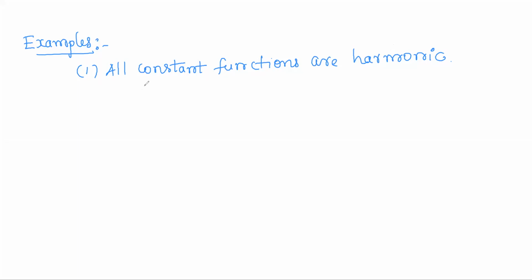If we consider any constant function, precisely real constant functions, because as I said earlier, harmonic functions are basically real valued functions, then we can say it is perfectly harmonic.